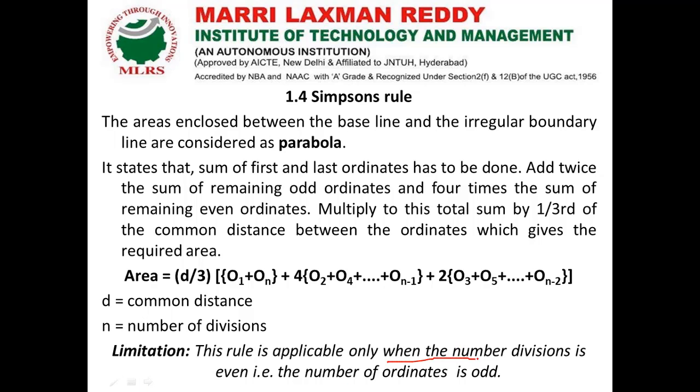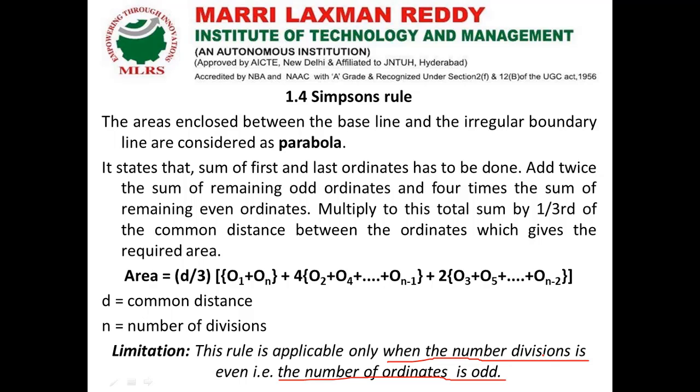Okay, here we have one constraint, that the Simpson's rule is applicable only when the number of divisions or the number of ordinates are odd. That means the number of divisions are even and the number of ordinates are odd. Okay, so this is the restriction given by the Simpson's rule.